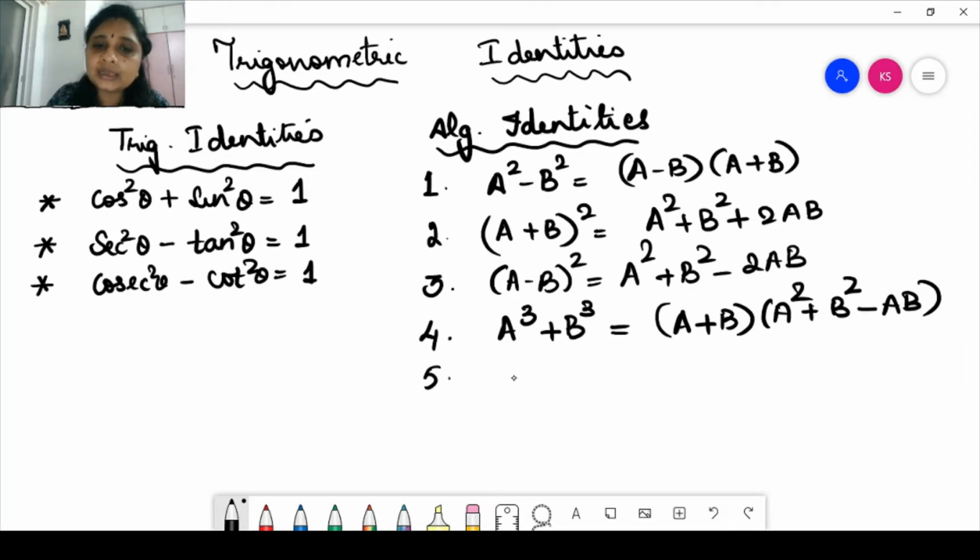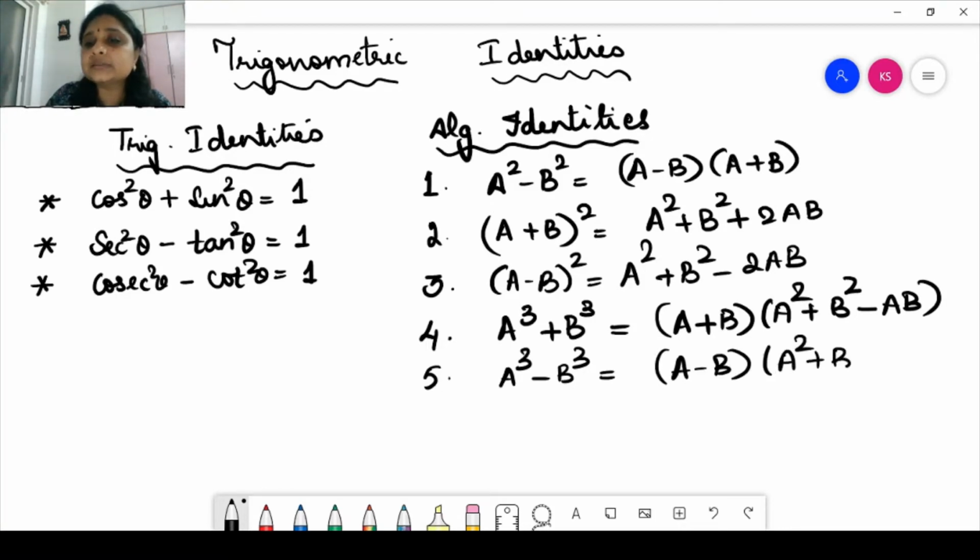And the next one is a cube minus b cube, which is a minus b into a square plus b square plus ab. These are a few algebraic identities that you will be applying, along with the important trigonometric identities, when we solve problems based on trigonometric identities.